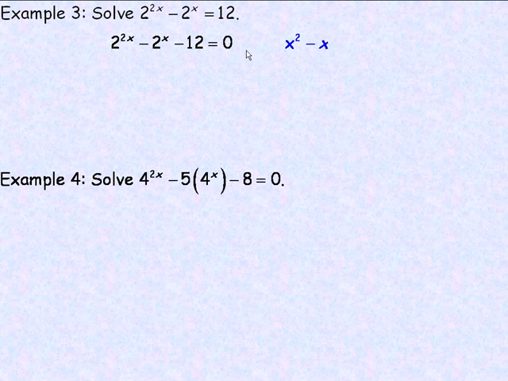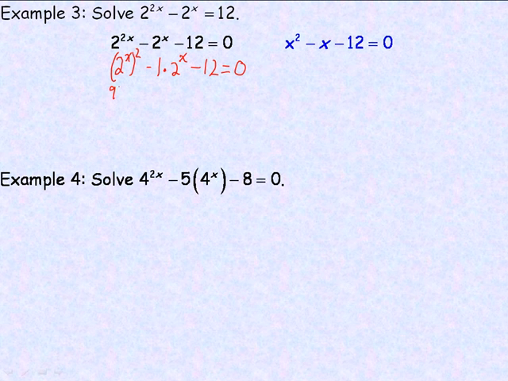Factoring this is extremely similar to factoring x squared minus x minus 12 and solving that quadratic equation. Okay, so again, just to show you, this 2 to the 2x could be written as 2 to the x squared minus, and I could write 1 times 2 to the x here, I suppose, just showing that the coefficient's 1.